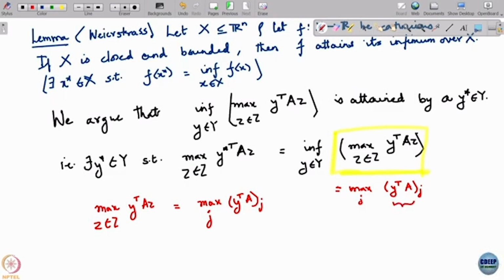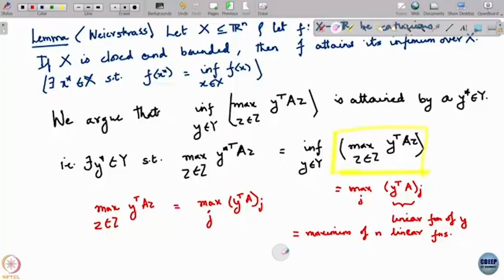Each of these is a linear function of y, and what is written out here is the maximum of n linear functions, which is just the maximum of finitely many. Is each of these linear functions a continuous function of y?